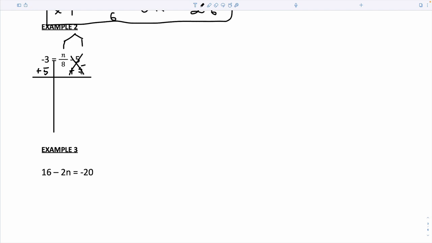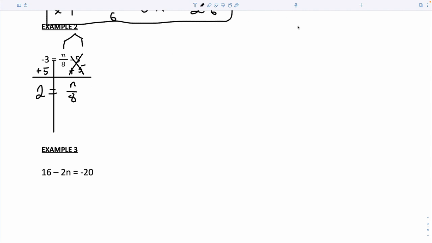Got it. Okay. Negative 3 plus 5 is what, Logan? Okay. And you're left with n over 8. N is hanging out with 8, but what's actually happening with the n and the 8 in the math world, Cameron? Are these guys multiplying or dividing?